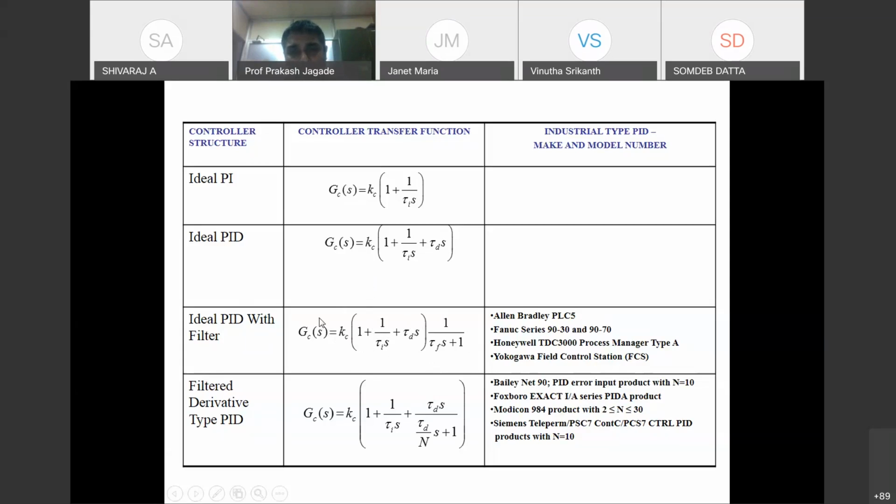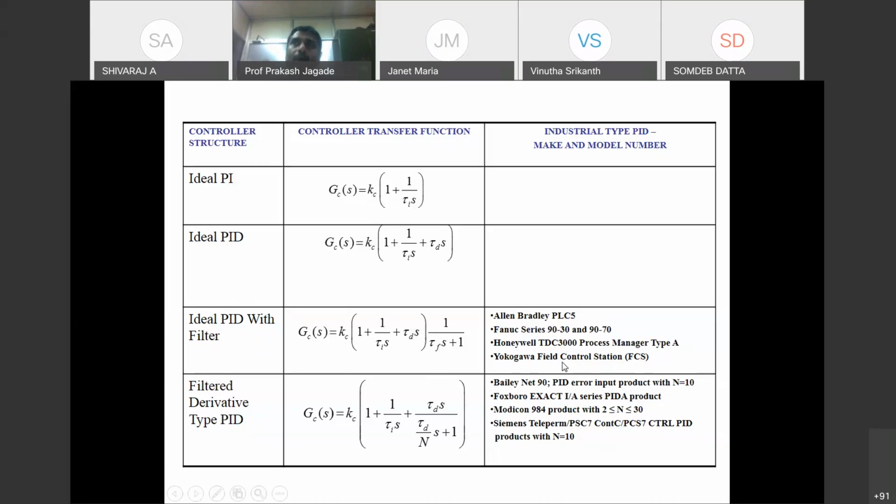This transfer function has been converted into an algorithm, and you can see it in Allen Bradley PLC, programmable logic controller, GE Fanuc 9030, 9070 programmable logic controllers, and in Honeywell TDC 3000, which is a distributed control system, and Yokogawa field control station.